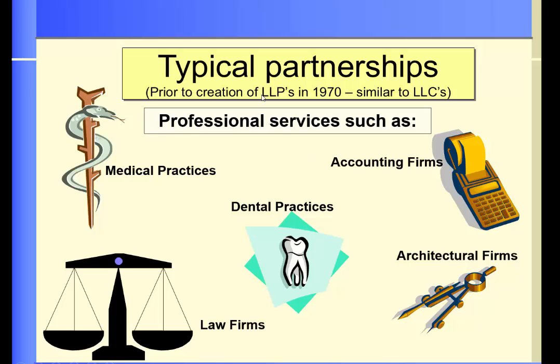And another version of that is limited liability partnerships. As soon as this business entity came into existence, all of the various partnerships went to that because it protected the individual partners from lawsuits and debts of the business. But we'll talk more about those later. Right now we're talking partnerships.